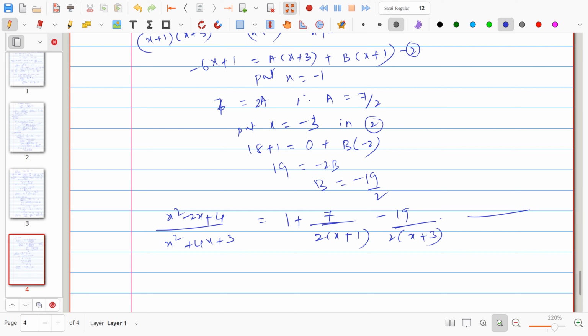This is the final form of the partial fraction equation. Also, try to solve more problems based on improper functions; it is my suggestion.